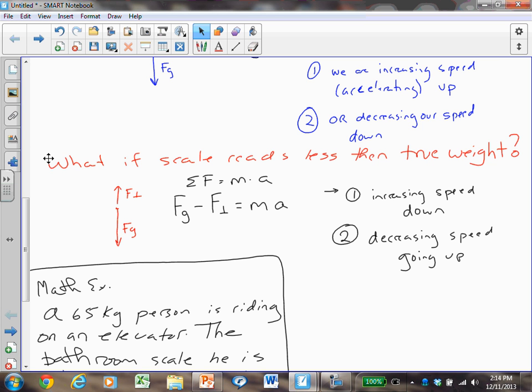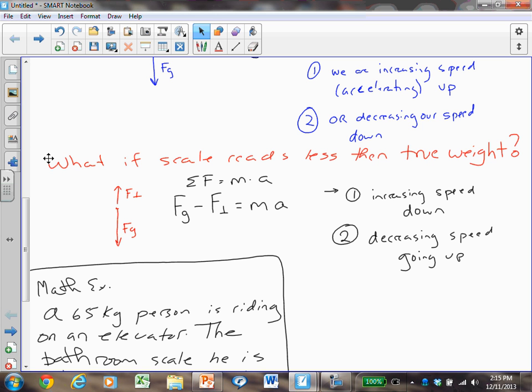Or the other option would be you get in at the ground floor, press floor number 8, and you start to go up, and then as you get towards floor number 8, you start to slow down, so the scale is going to read less because you continue in motion going up, but the car slows down.